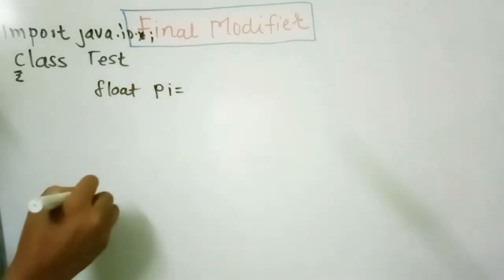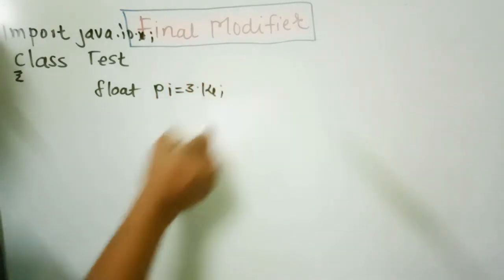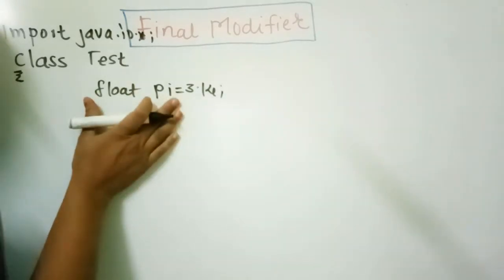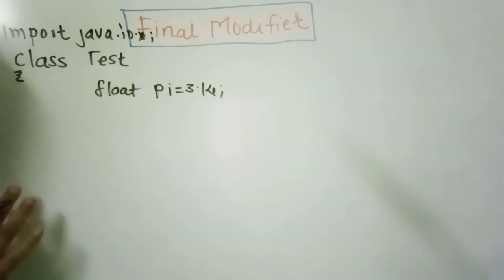We all know that pi has a specific value, for example 3.14. Now, if we want this variable to have a fixed value, not to be altered by another variable or other methods, then we will simply make it final.